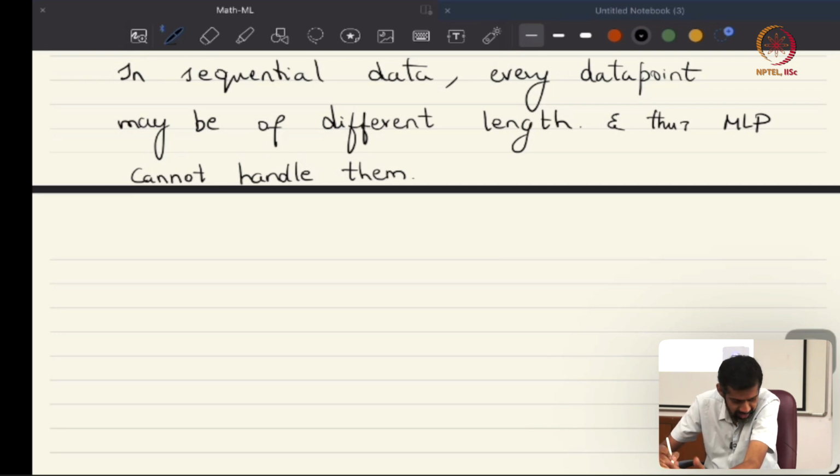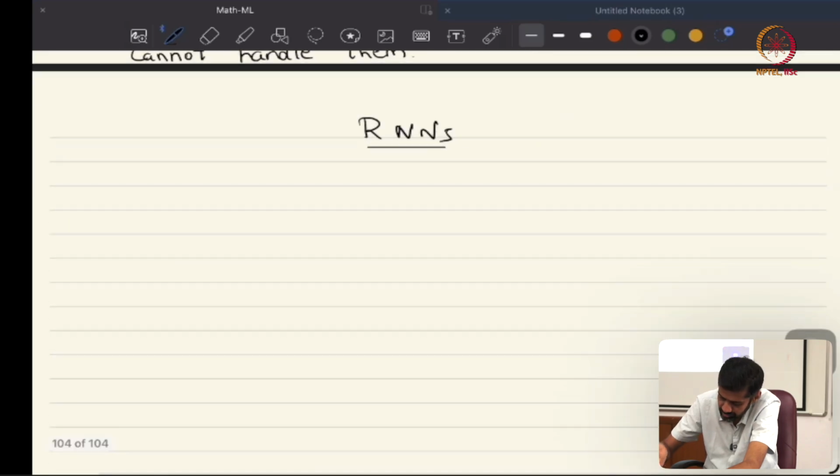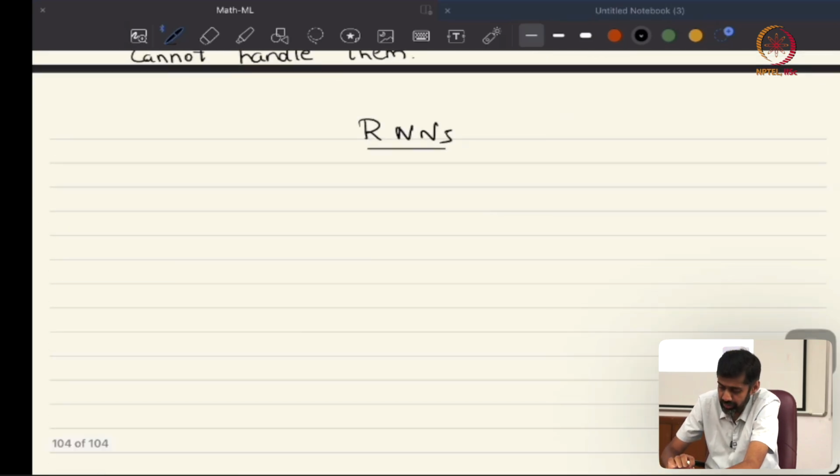Okay, so with this prelude, let us look at recurrent neural networks, RNNs. Now, just like we had parameter sharing across space in CNNs, in recurrent neural networks you have parameter sharing across time, or the sequence indices.